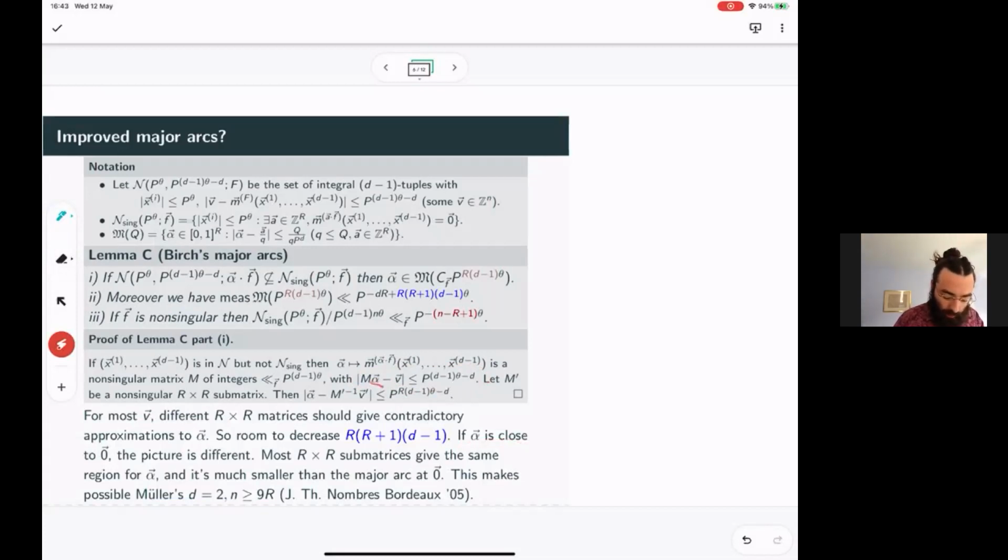So that special case is when alpha is close to 0. One might imagine that if alpha is very small in the ordinary Archimedean sense, this might force V to 0.